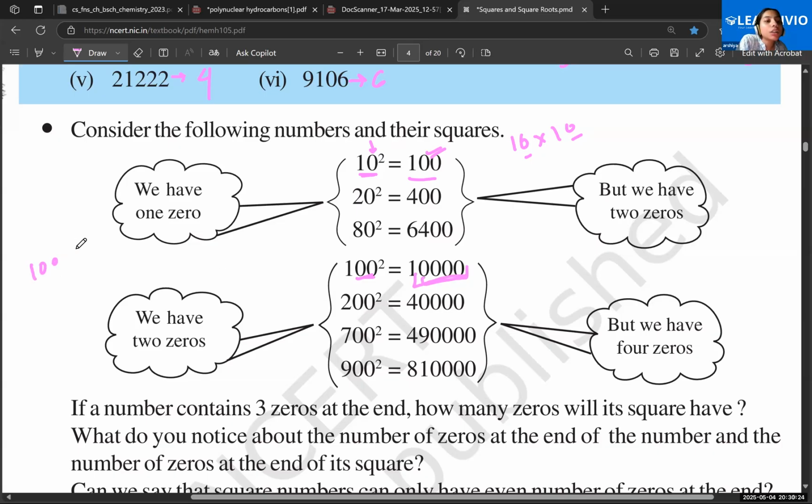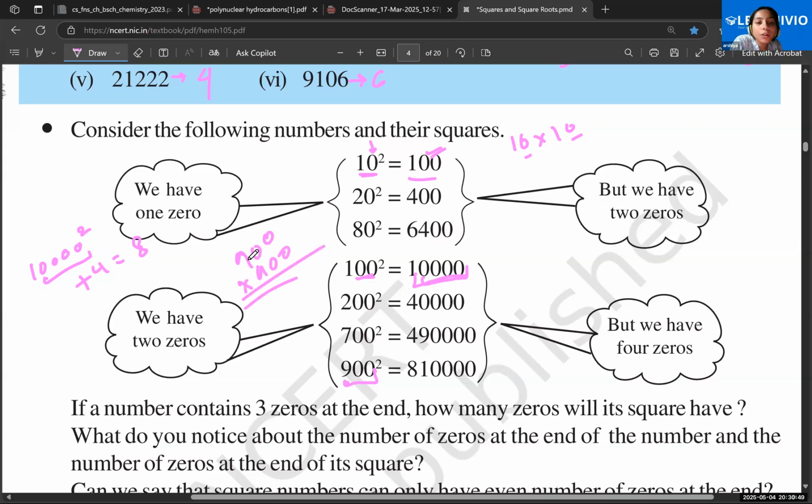So let's say I've got four zeros, but I have to find the square. So basically 4 plus 4, 1 times 1 is 1, and then we'll add 8 zeros in total. So if you have to find the square of 900, there's no need of doing 900 times 900.